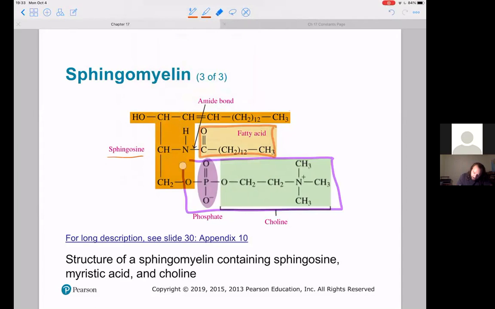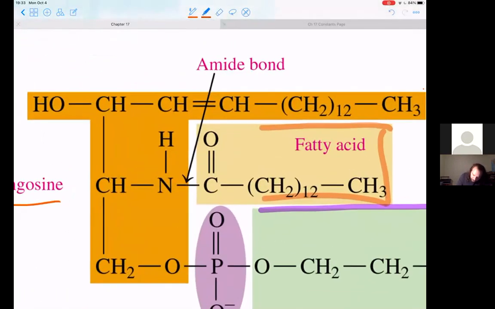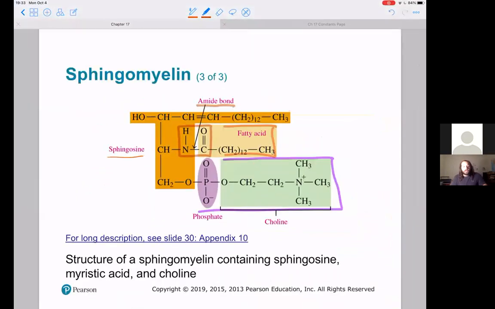First of all, one of the unique features is we don't form ester bonds with our fatty acid. What do we call a carbonyl carbon bound to a nitrogen? These are amide bonds. So right off the bat, we don't have any normal ester bonds.